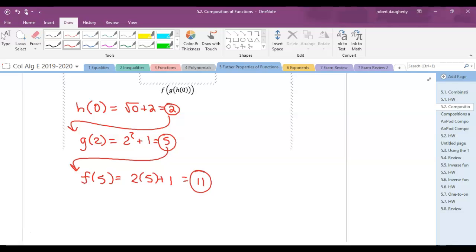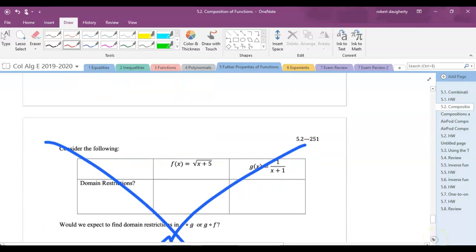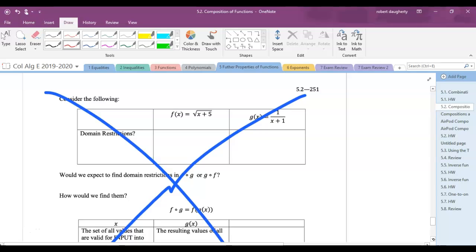I want you to omit a page. So go over here, this next page. You can omit this. And we're omitting the next section. You know how when we were adding and subtracting, I always asked you to find the domain. The next section is using your calculator to find the domain of compositions, and that gets very complicated. So we are skipping that.